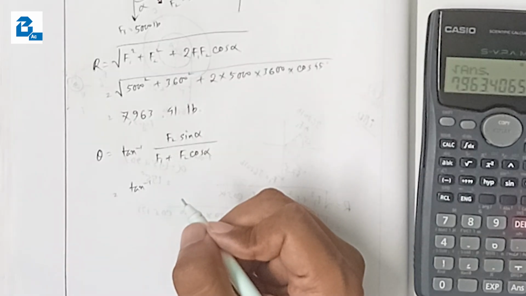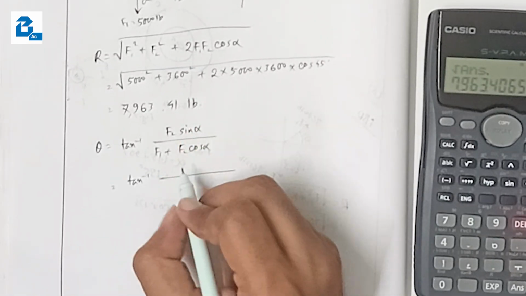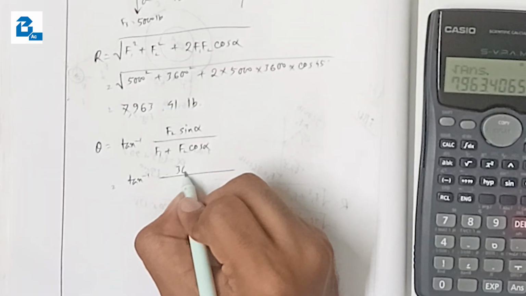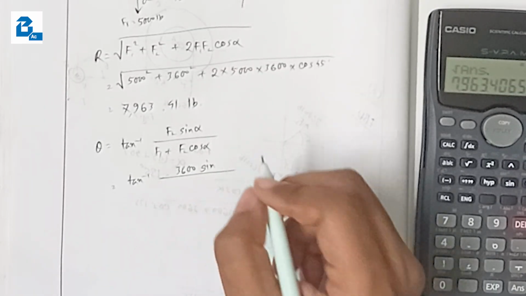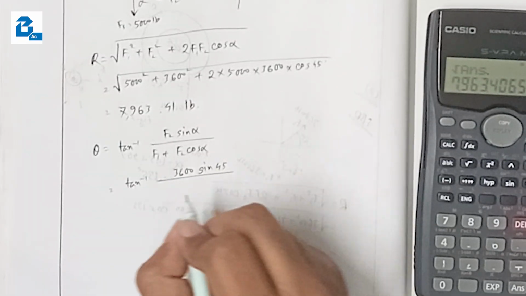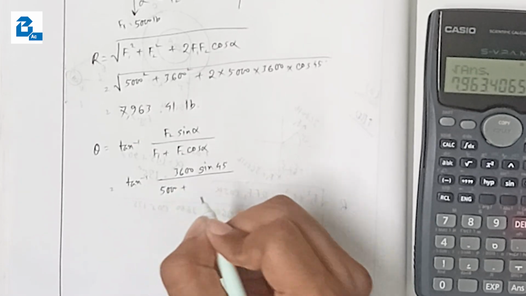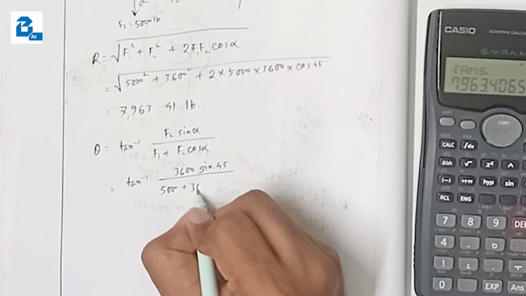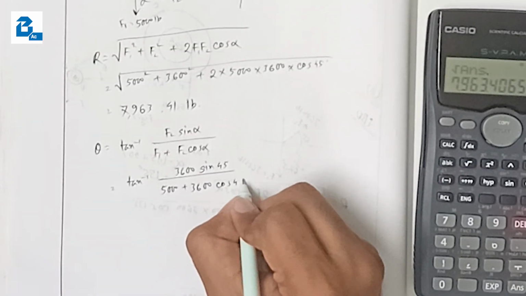Then we can write it down as tan inverse F2 which was 3600 sin 45 degree, and then F1 which is 5000 plus 3600 cos 45 degree.